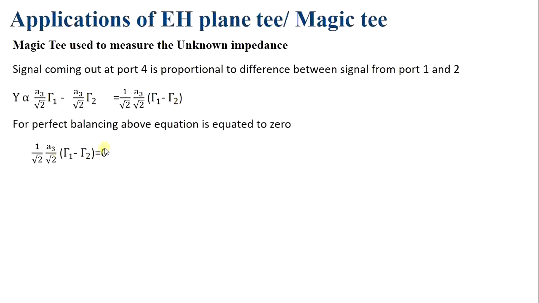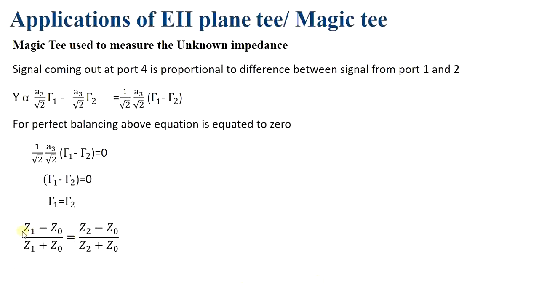So after equating it with 0, we get the reflection coefficient of port 1 minus the reflection coefficient of port 2 equal to 0. That is nothing but the reflection coefficient of port 1 equal to the reflection coefficient of port 2.